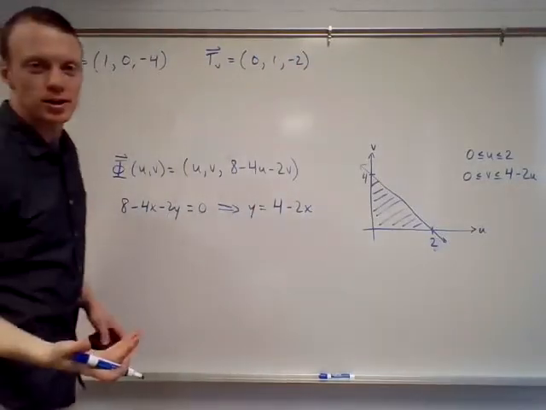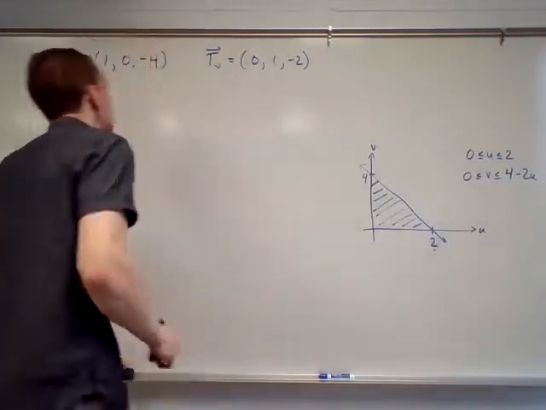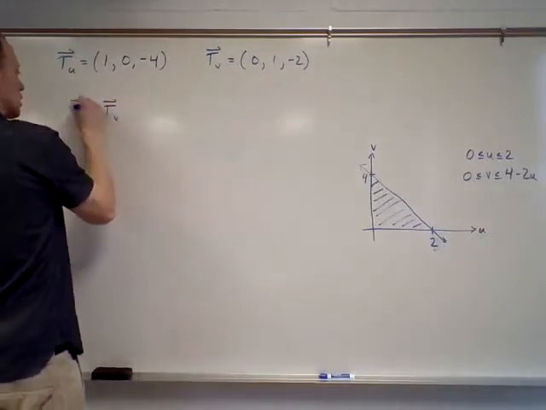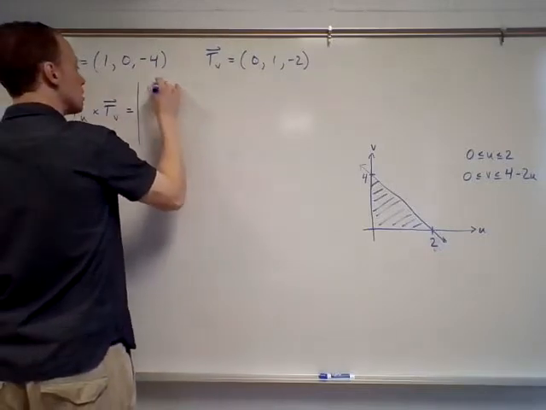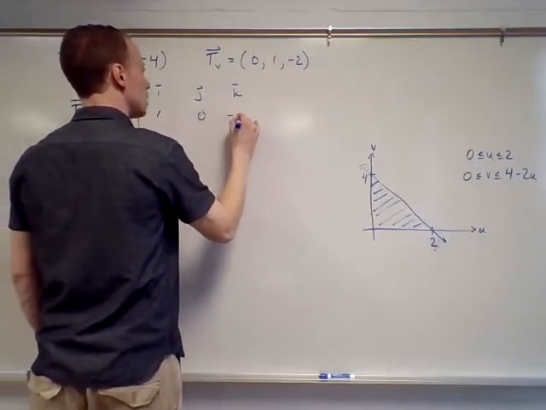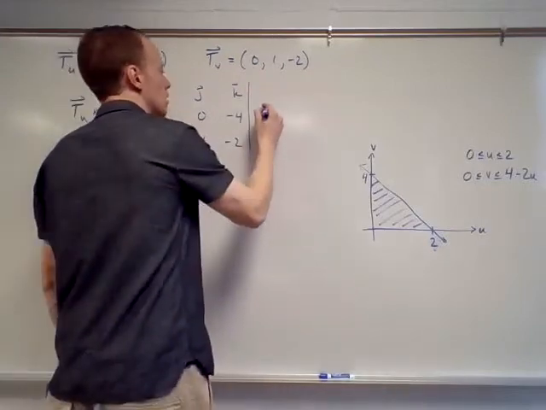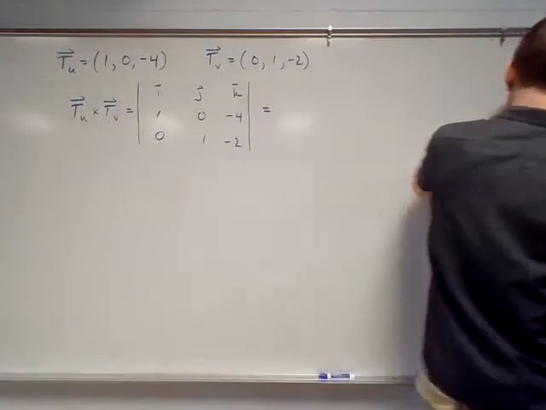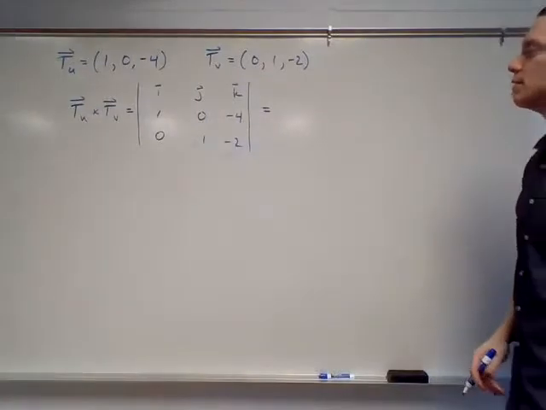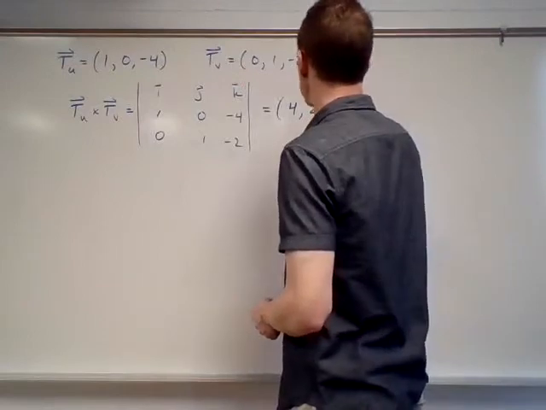And now we're going to take the cross product of these two vectors. And when we do that, we see that we come up with the vector 4, 2, 1.